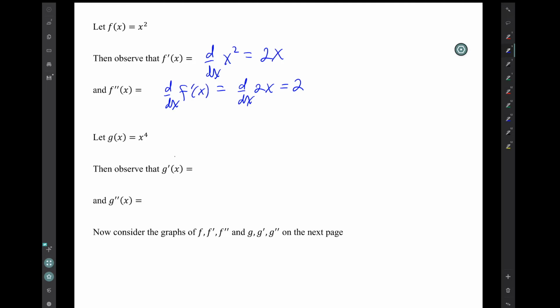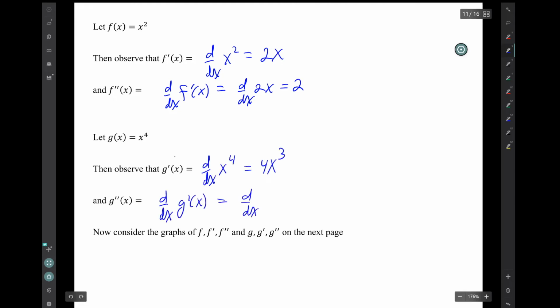Now let's let g of x be x to the fourth. Find g prime and g double prime. So g prime is 4x cubed, g double prime is 12x squared. Now consider the graphs of f prime, f double prime, and g prime, g double prime on the next page.